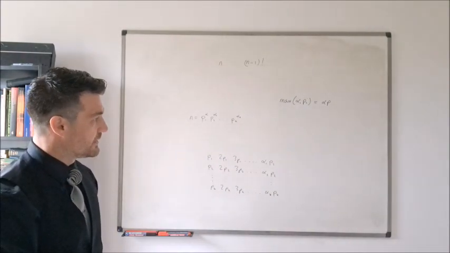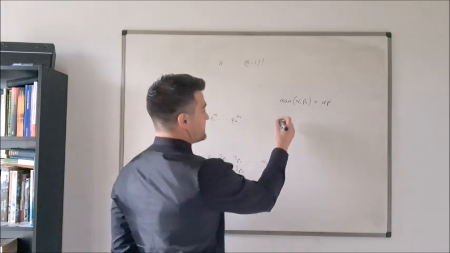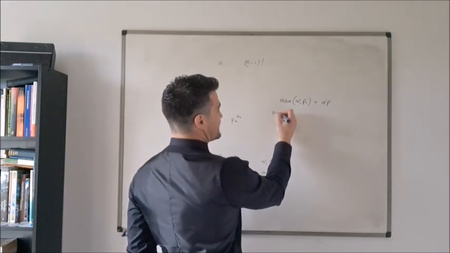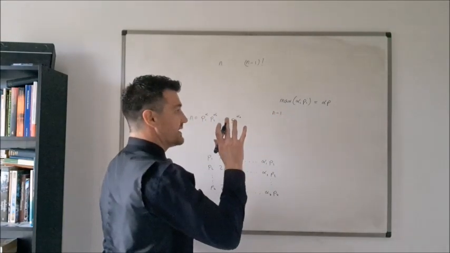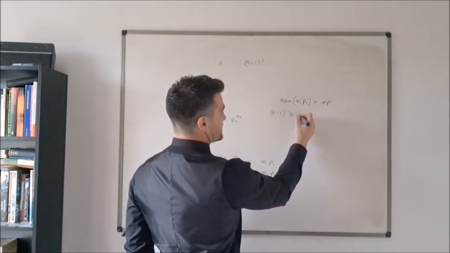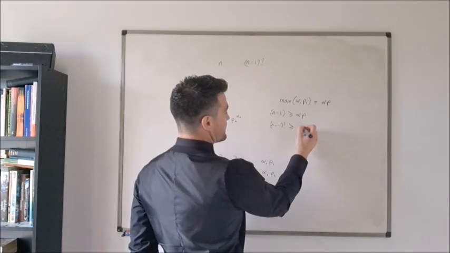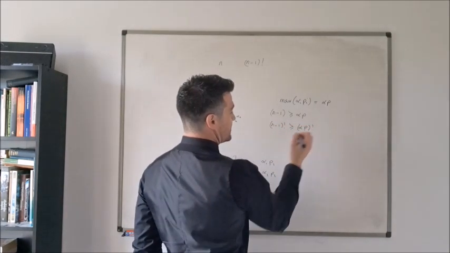Still on the assumption that all of these numbers are distinct. So therefore, if I can find that n minus 1 is greater than or equal to alpha p, then n minus 1 factorial is going to be greater than or equal to alpha p factorial.